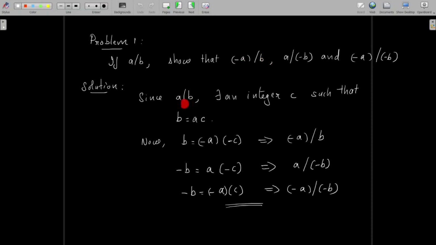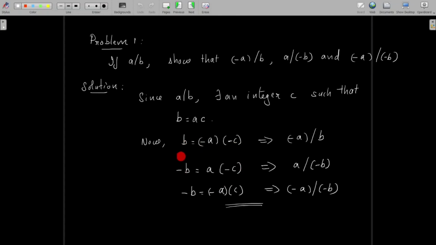We can write the equation B equals AC in different ways. One of the ways is B equals minus A into minus C. This relation means that minus A divides B, because the expression is of the form B equals minus A into an integer. Therefore, minus A divides B.